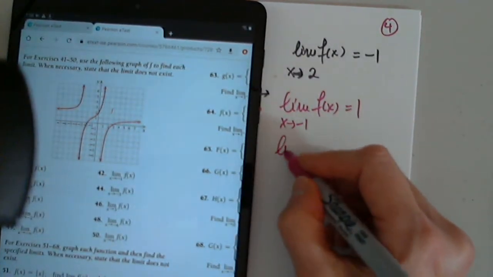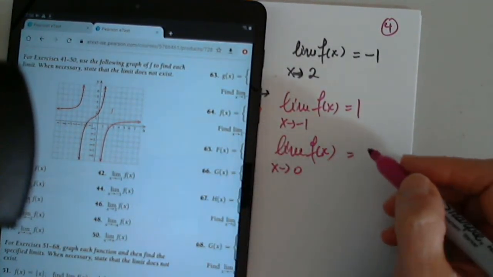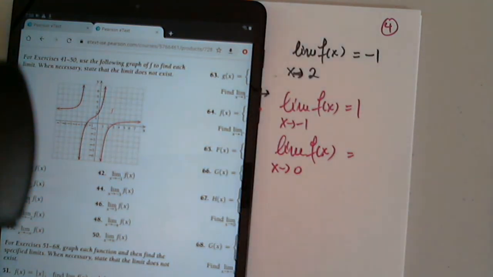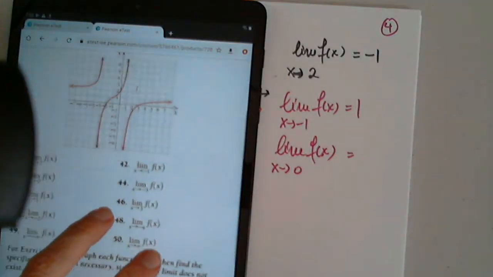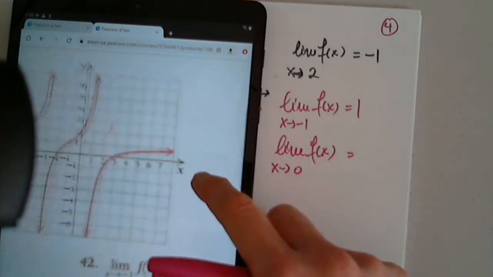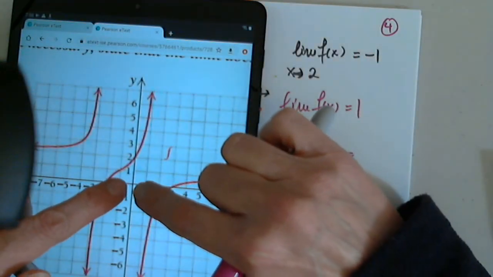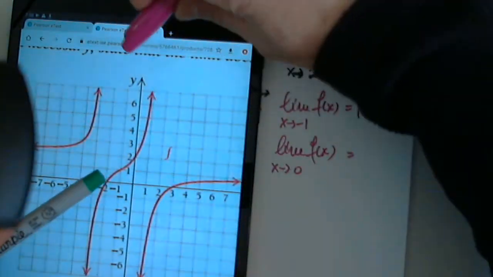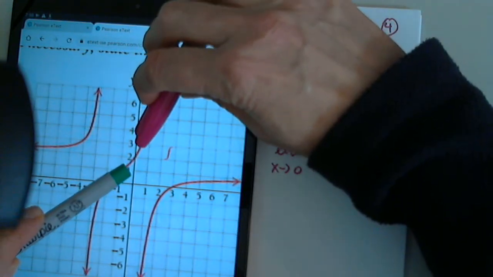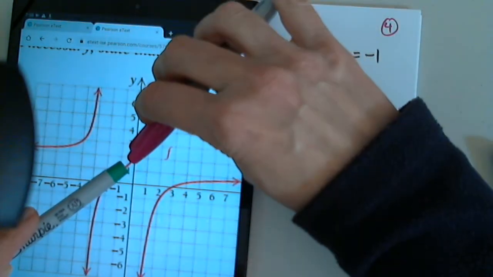Let me know. So then limit of f of x as x approaches 0 from either side. Can everyone see the 2? As x approaches 0 from either side, the function values, where the function exists, approach 2 from either side.